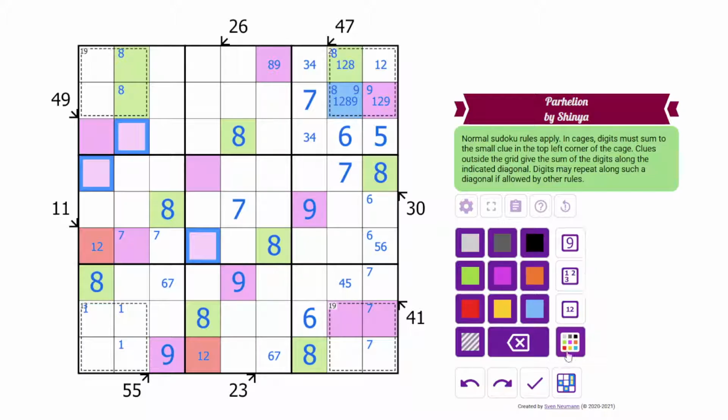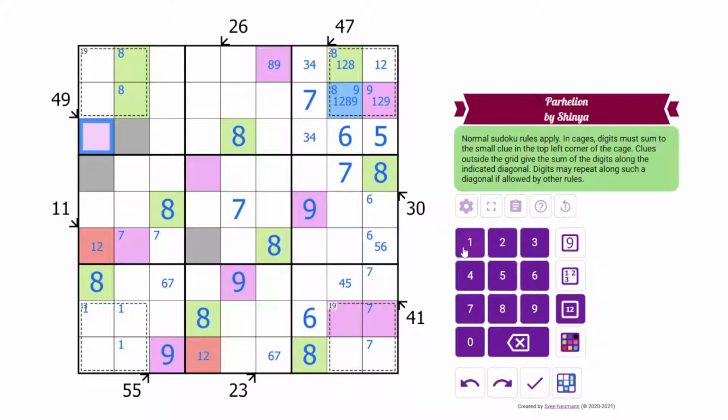Okay, so let's just suppose that those are 9s. This has a minimum value of 7. This can't be 9, can't be 8, can't be 7, so 6. That can't be 9 or 8 or 7, so it has to be 6. This can't be 9 or 8, but it could be a 7.